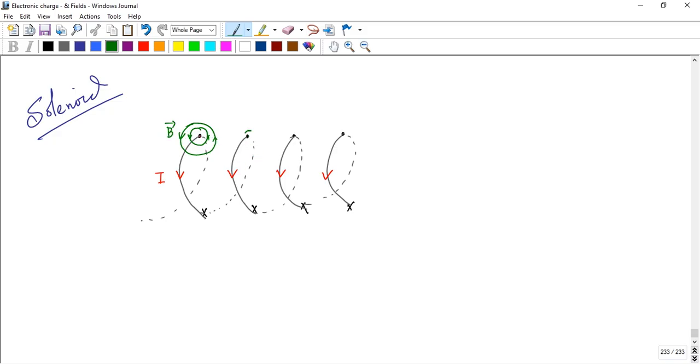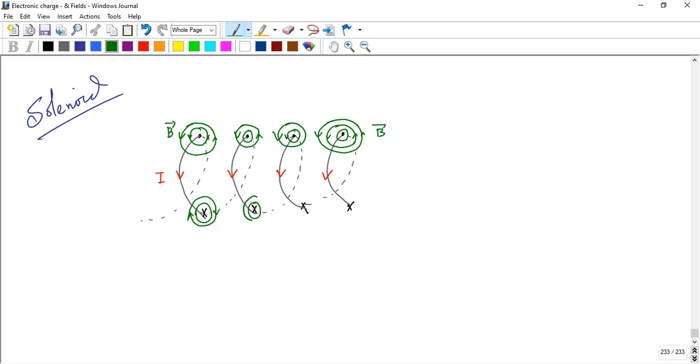Similar here, third point. That's the magnetic field B in the anti-clockwise direction. Here the same magnetic field, but with a cross, so that's the clockwise direction. The magnetic field here is in a clockwise direction.